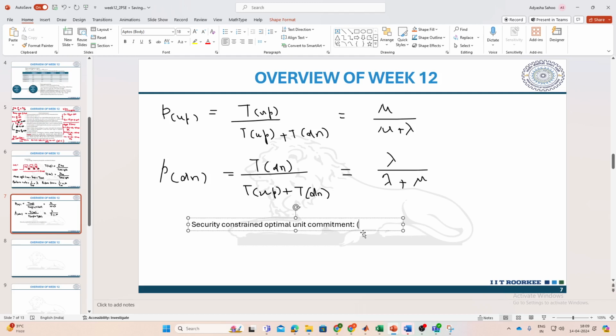Basically, depending on this uptime and downtime, you calculate the probability that the system may fail to operate, and that probability should be less than your maximum tolerated insecurity level.